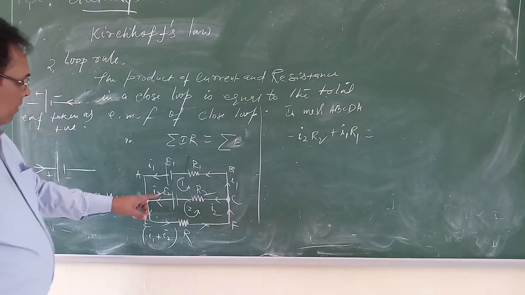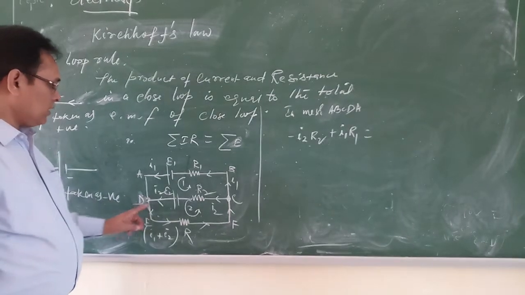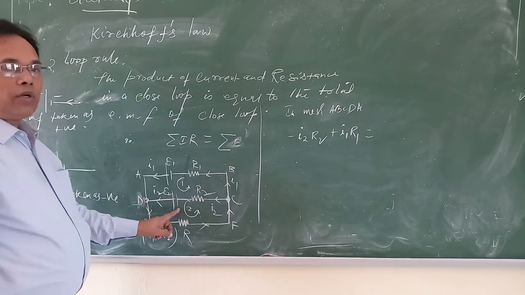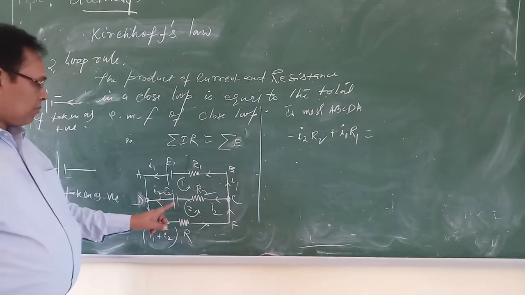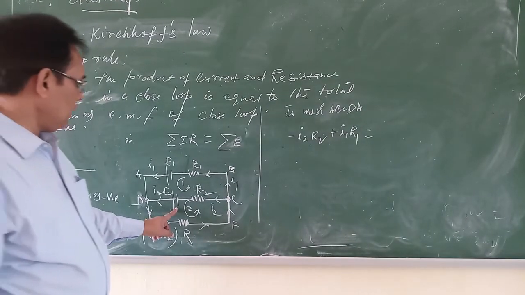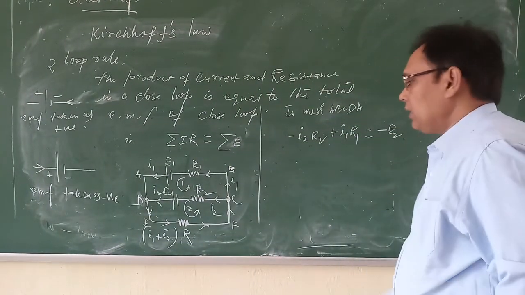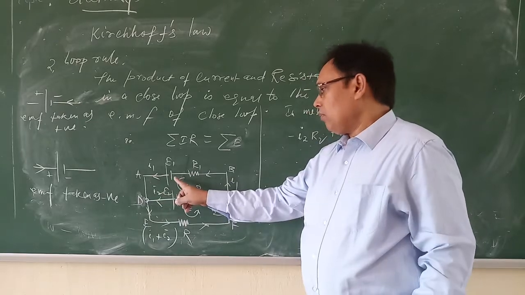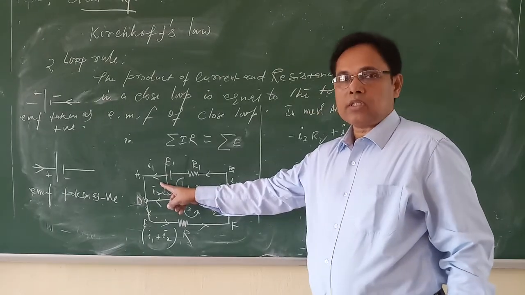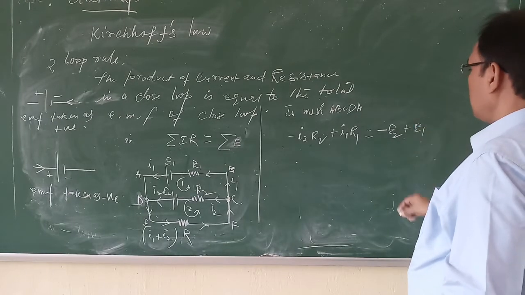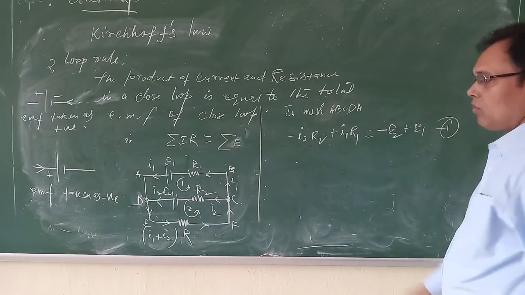So moving from D to C, positive to negative, is a potential drop, so that should be negative, minus E2. Then B to A, minus to plus, is a potential rise, so that should be positive, plus E1. So this is equation number 1.